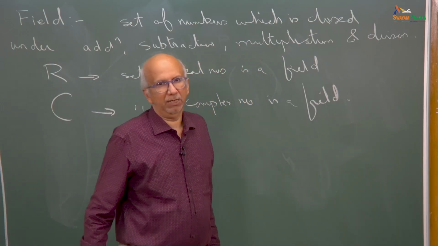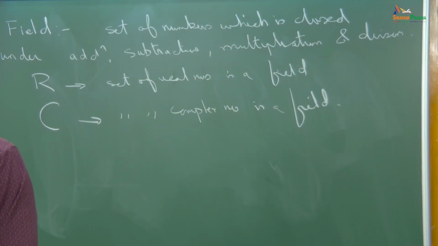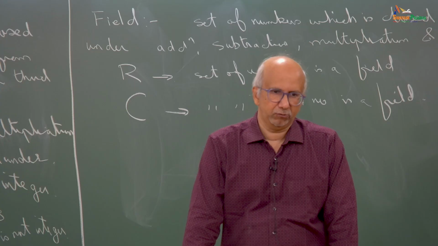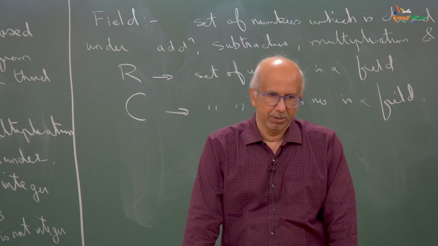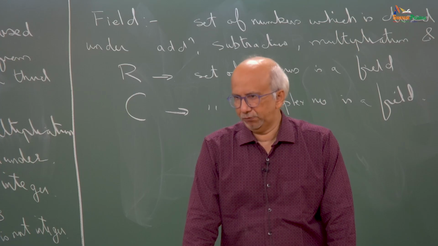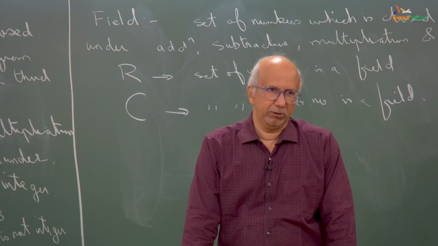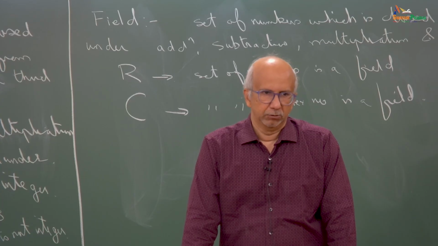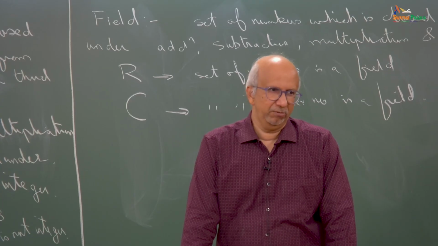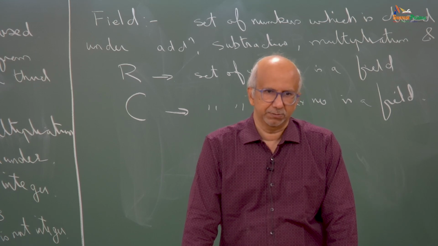You add 2 real numbers, you will get a real number. You multiply, you subtract, you divide, you will get a real number. You take 2 of them, subject it to any of these 4 operations, you get back another element belonging to the same set. So whenever we say field, you can think of it as the set of real numbers or complex numbers.